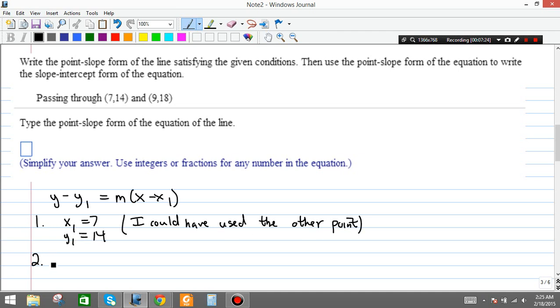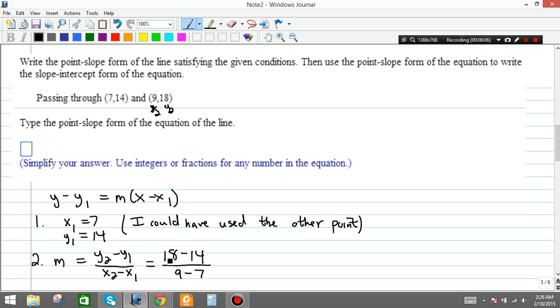And so then 2 is we need m. Well, we know that m is y2 minus y1 over x2 minus x1. So unlike the previous problem, m wasn't given, but here m is trying to hide from you. And so y2 is 18, x2 is 9, and so it goes 18 minus 14 all over 9 minus 7.